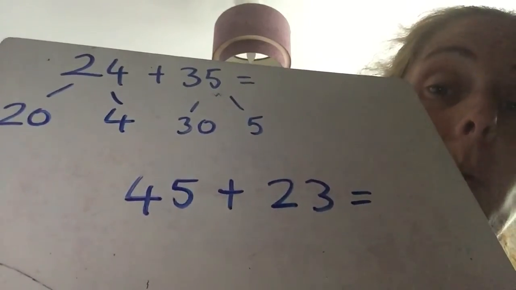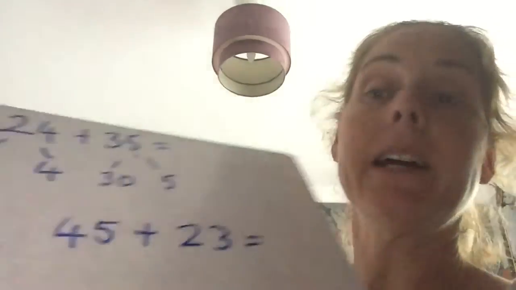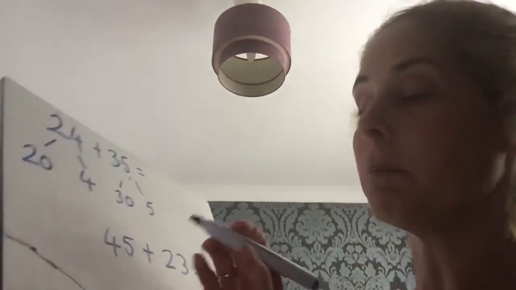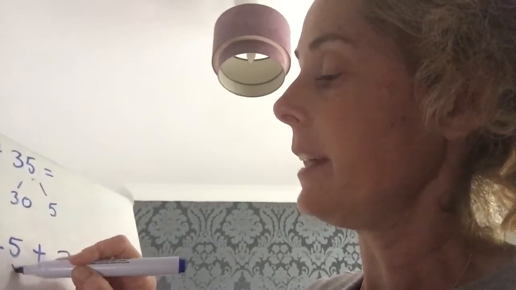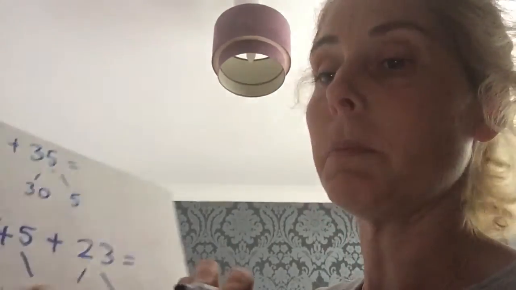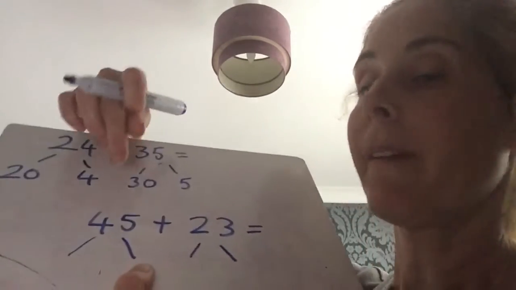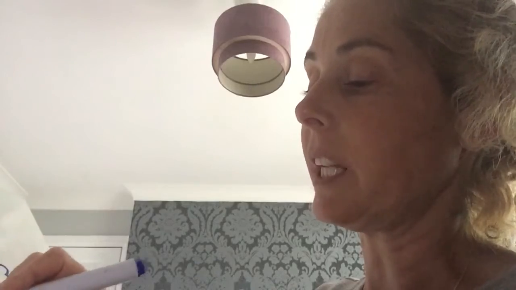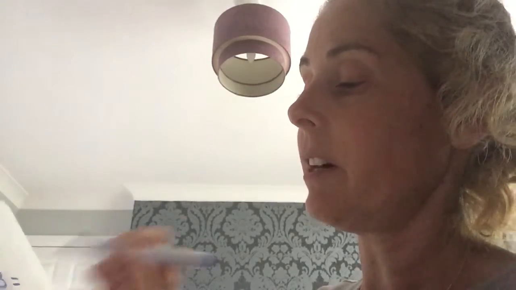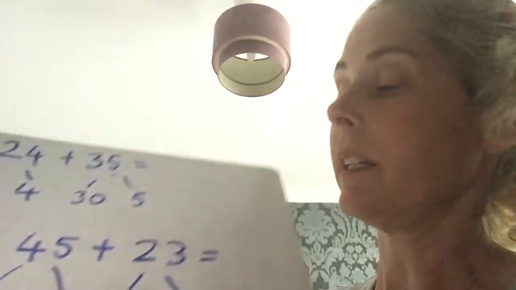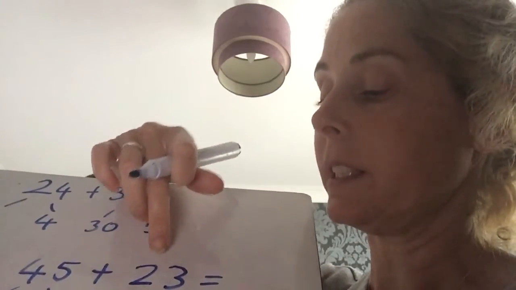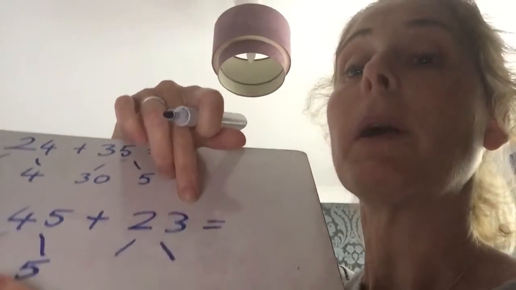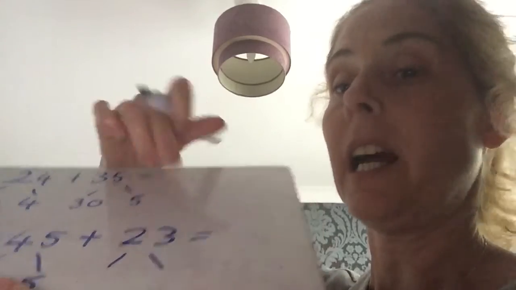Stop the video if you want to. So I'm going to show you now. If you partition these numbers here, again, you almost say the numbers, don't you? So we've got 45, so it partitions into a 40 and a 5. And this one says 23, so it partitions into a 20 and a 3.